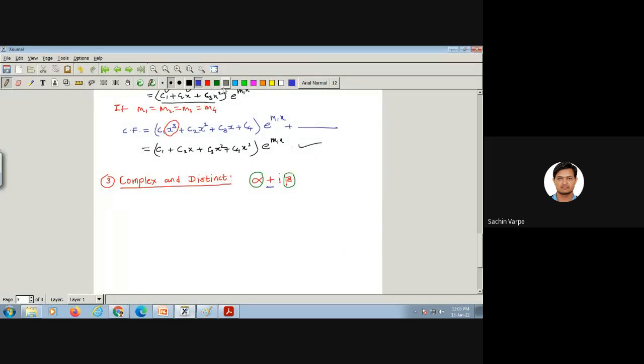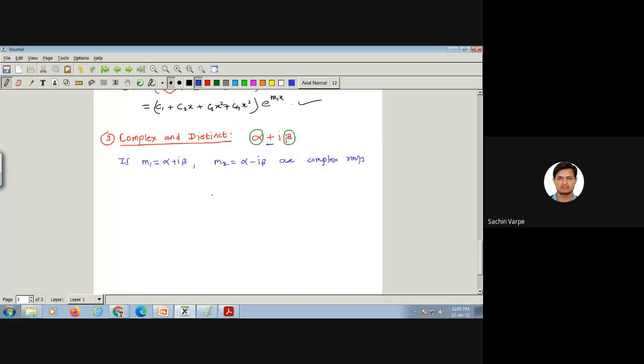What is the formula? So with these roots, say alpha plus i beta, let us call it m1. m1 is alpha plus i beta, and m2 is alpha minus i beta, complex roots which are distinct also, right? Then what is the formula for the complementary function?